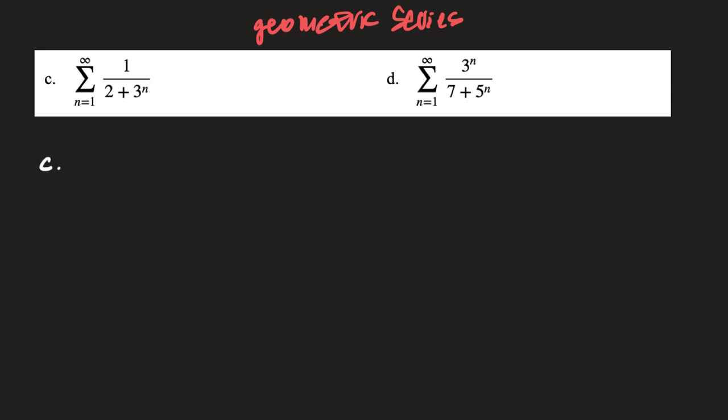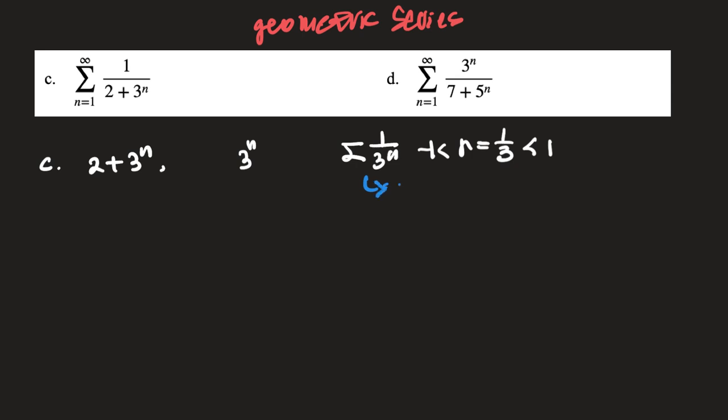Look at the denominator, 2 plus 3 to the n. The number 2 you can ignore, because 3 to the n increases very fast. So I want to compare with just 3 to the n, right? We already know the summation of 1 over 3 to the n is a geometric series with ratio 1 over 3. This is between 1 and -1, so you say this converges.